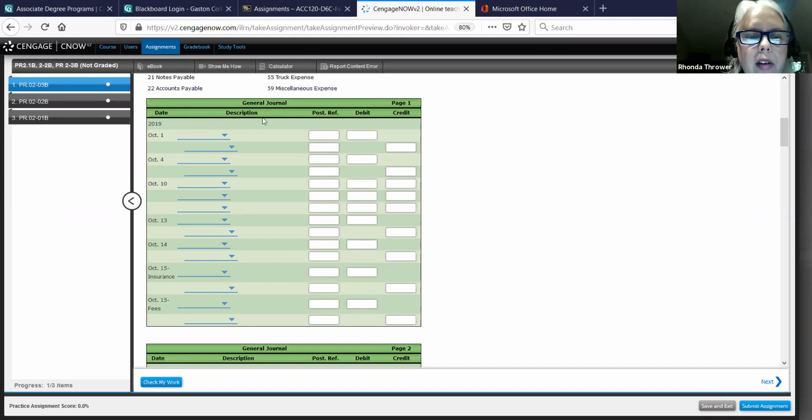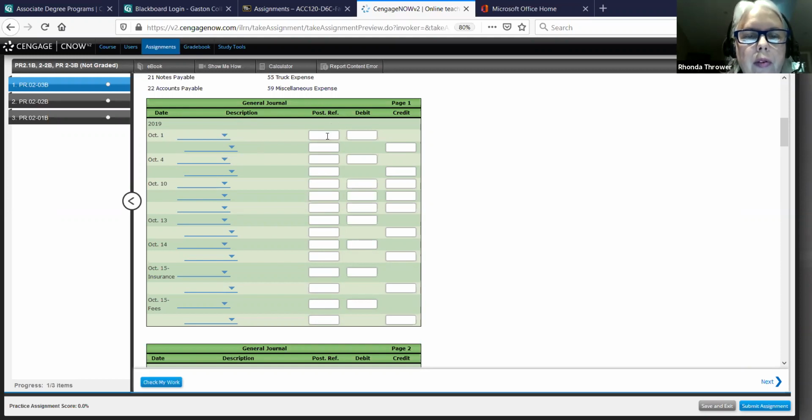They'll have a column for a date and a column for a description. In the description, you're going to put down the account titles. If you were analyzing a transaction where you were buying supplies with cash, your cash account would be affected, and so would your supplies account. These accounts will go under the description column.